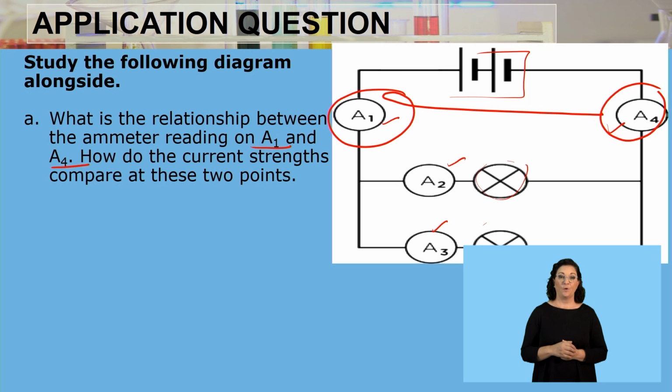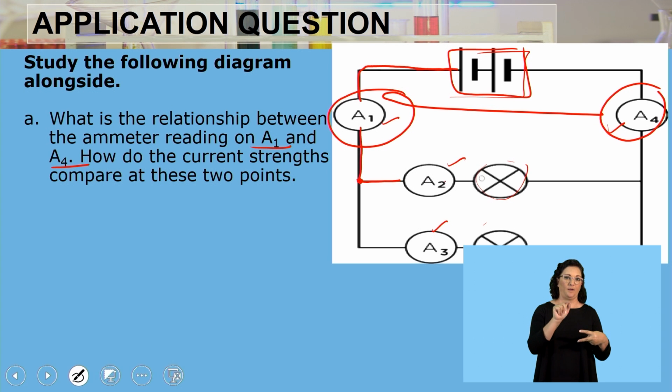So we do know that as the energy is supplied by the battery into the current, the electrons or the current will start moving through the wires through A1. Once it gets to this point, it splits into 2 equal parts. Some will go through the first bulb, and the other ones will go through the second bulb.